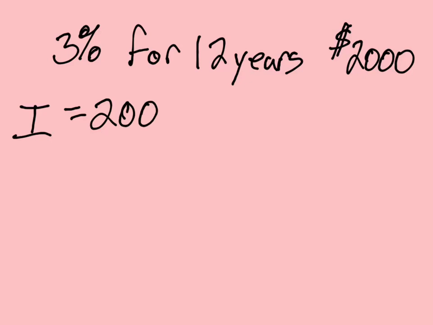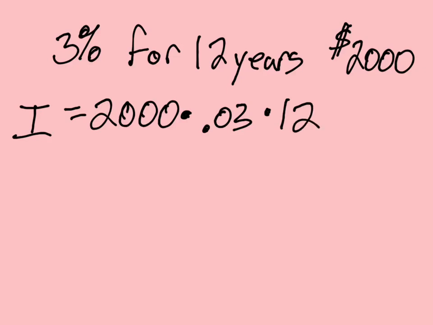Now let's say I want to figure out this problem again, but I want to know how much interest I will make if I invest at 3% for 12 years. I invest, let's say, $2,000. Well, we know that interest is equal to principal times the rate as a decimal times the time in years.